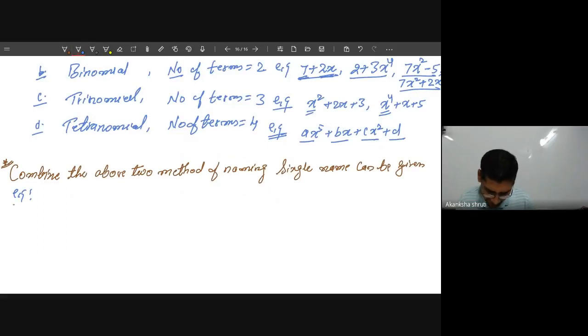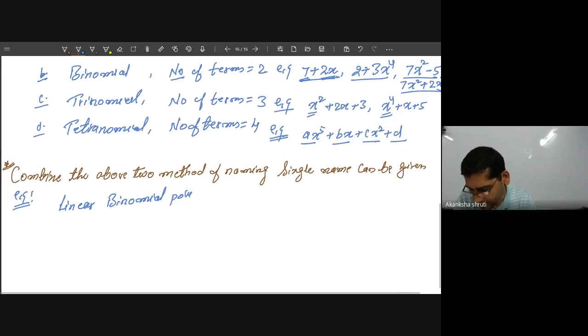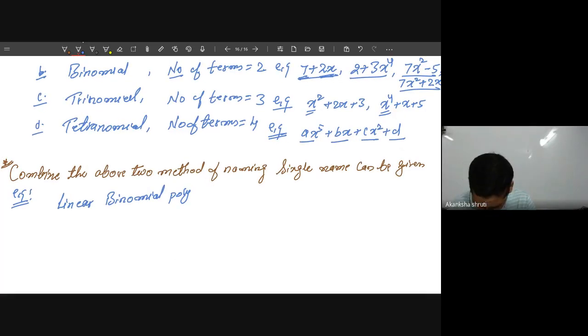Example. The question may be asked for linear binomial polynomial. A student, while you are using the term linear binomial, then you have to keep in mind this word polynomial will be dropped.